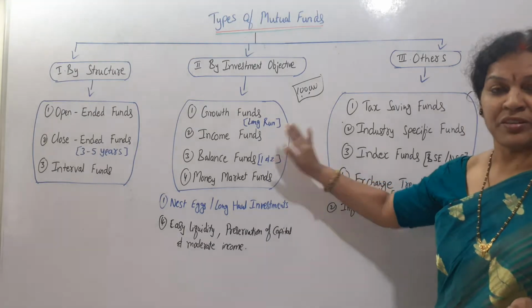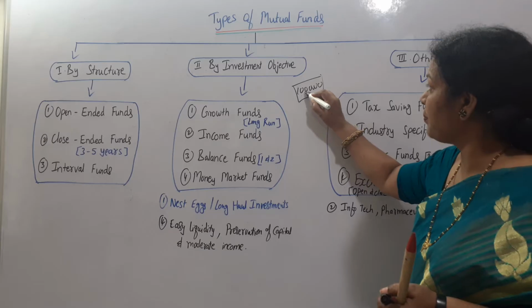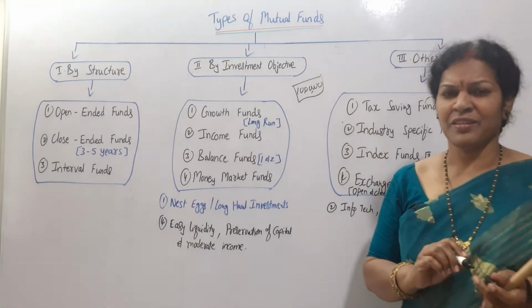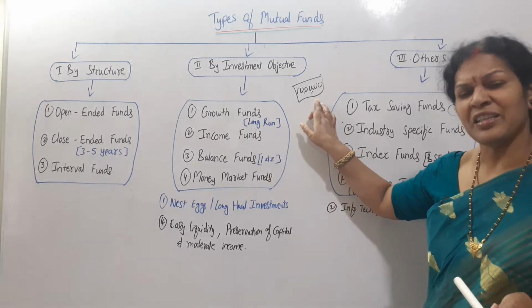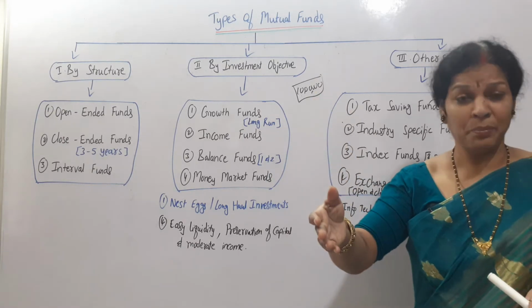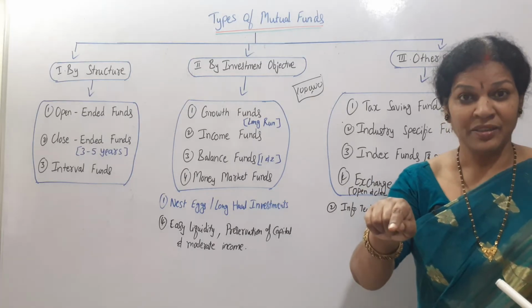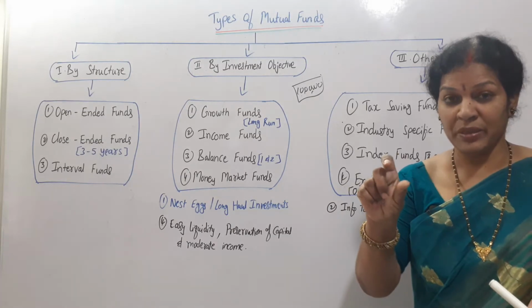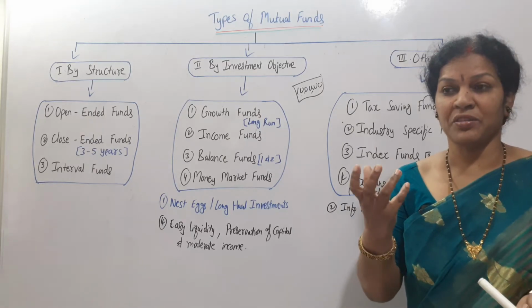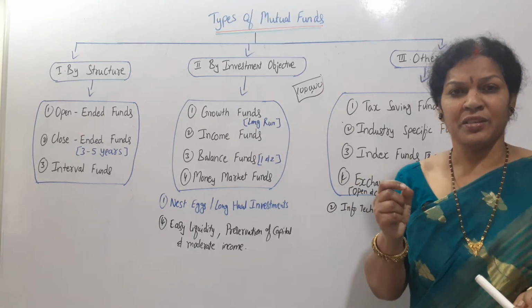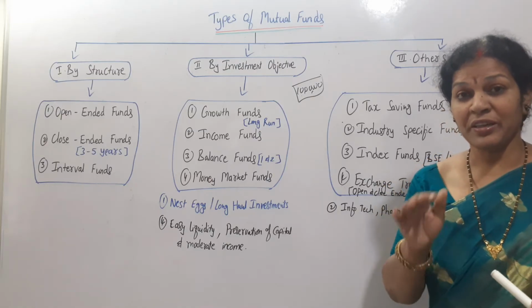For example, for these income funds, say my investment is 10 lakh. On 10 lakh I am investing in income funds. So on 10 lakh, some amount, maybe 10%, 12%, it depends on the company, it depends on the bank, it depends on the growth, it depends on the caliber of that particular mutual fund. I will be getting some amount.